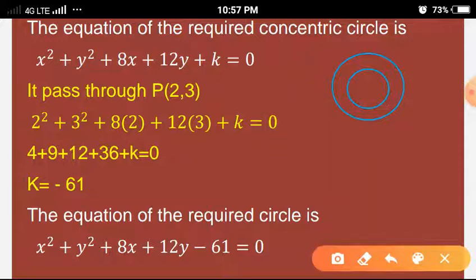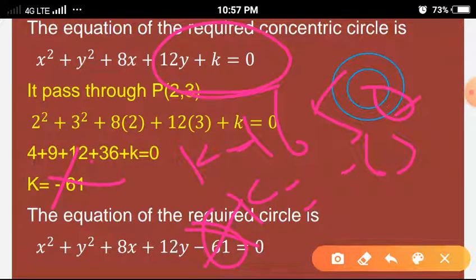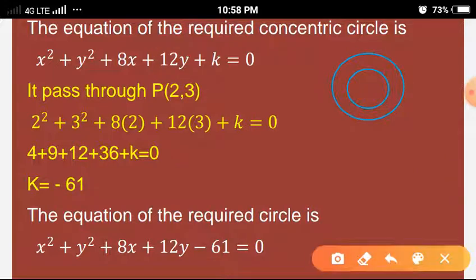After getting this, 65 plus k is equal to 0, then k is equal to minus 65. We have to substitute this k value here. Then the circle equation is x square plus y square plus 8x plus 12y minus 65 is equal to 0.